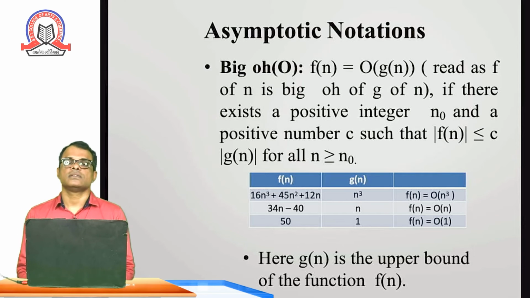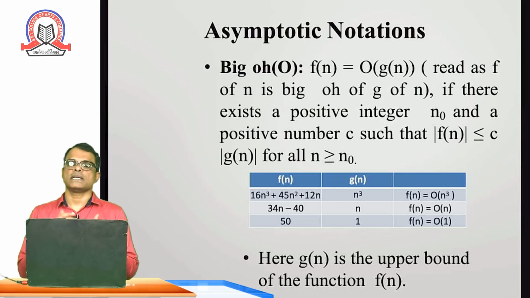So for this, the asymptotic notations are used. The first notation is big O notation. So we can say f of n is big O of g of n if there exists a positive integer n0 and a positive number c such that f of n is less than or equal to c times g of n for all n greater than or equal to n0.